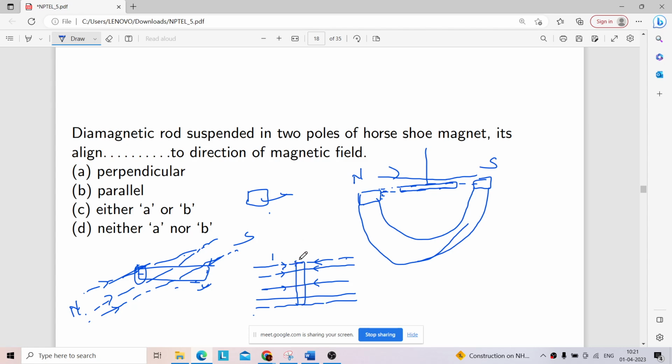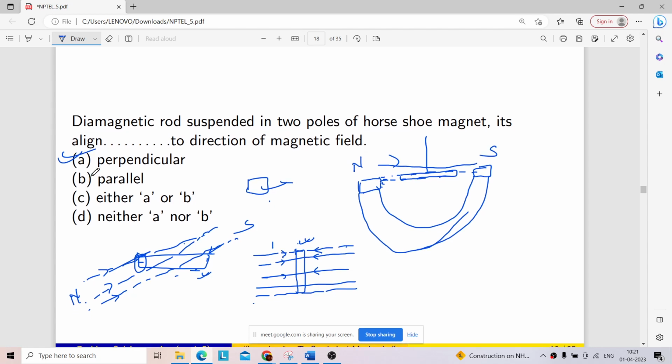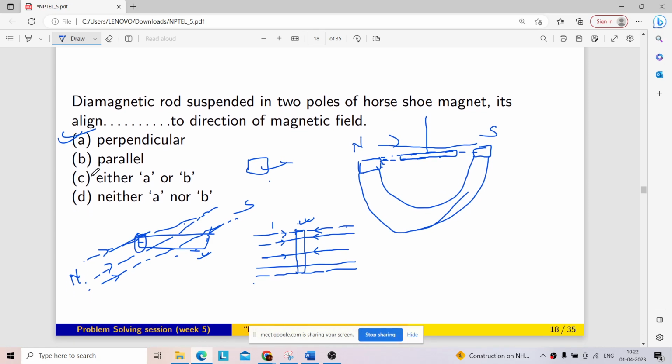Then the equilibrium situation will be that the rod is perpendicular to the applied magnetic field. So the answer will be this, right? So it's clear, right?